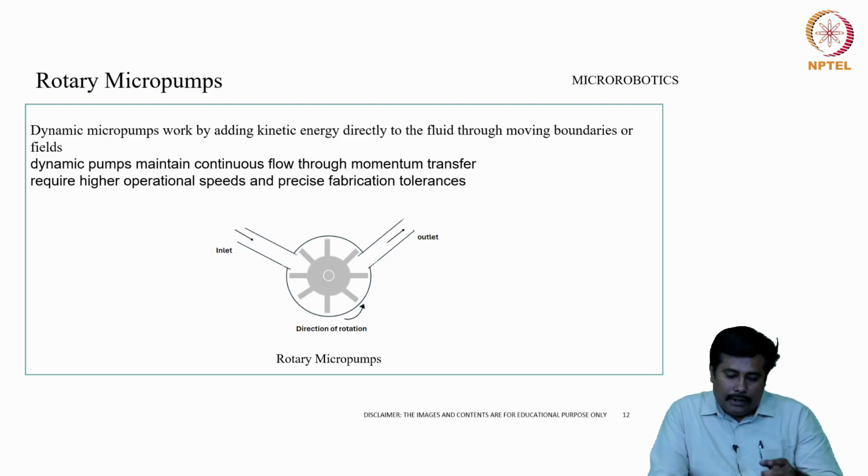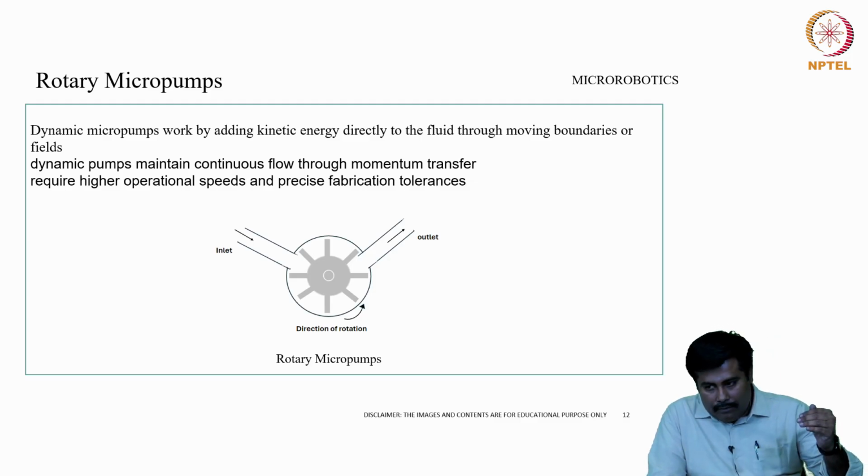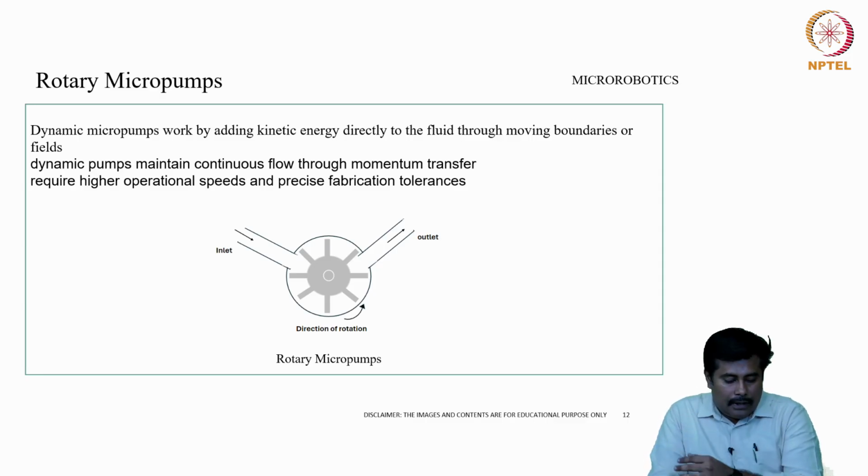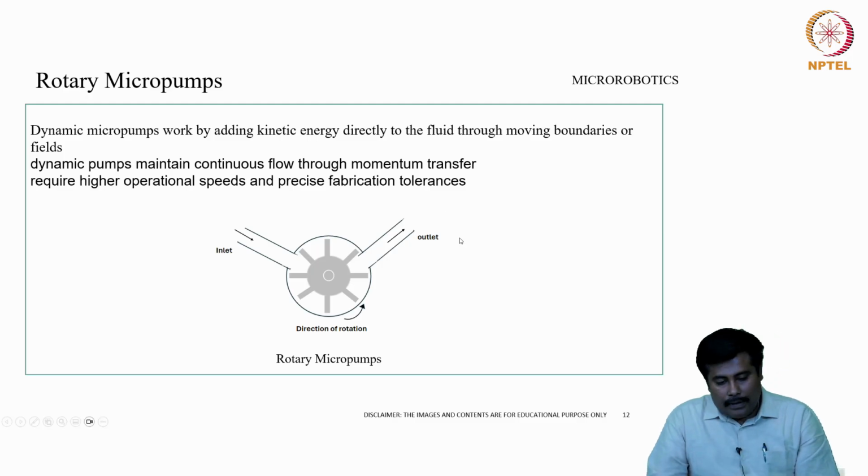So, based on the direction of the rotation, appropriately we can have an inlet phase through which the fluid is flowing, and then there will be an outlet phase. So, appropriately it tries to move through this particular system.